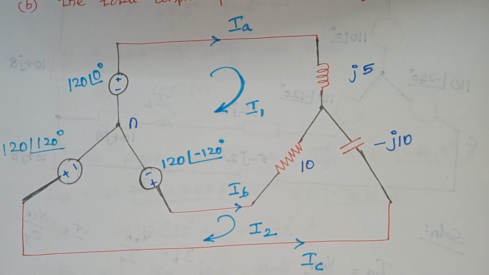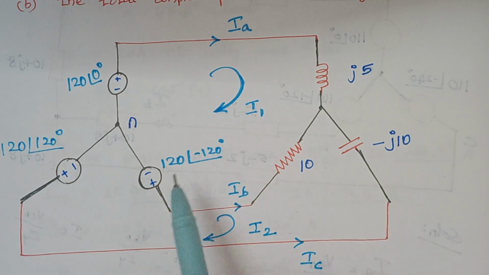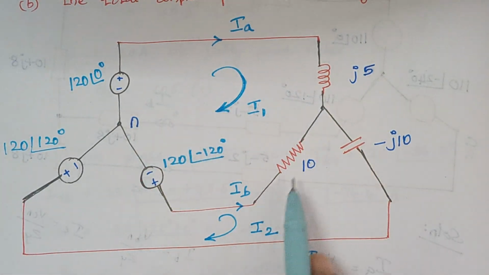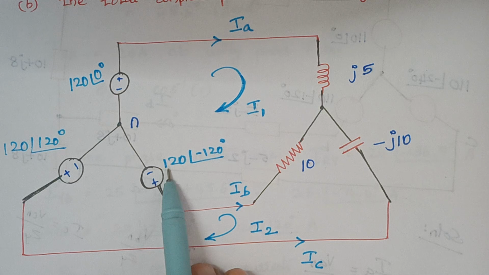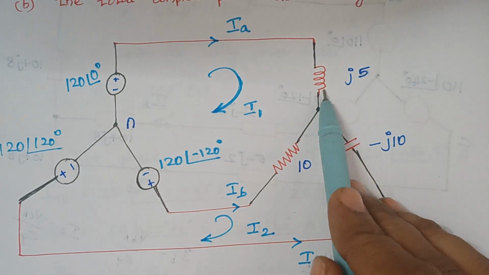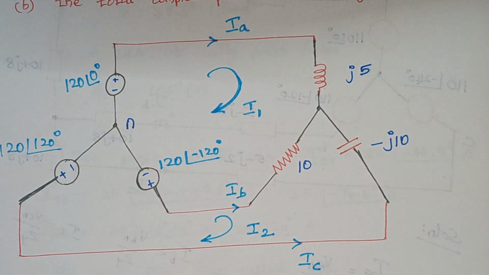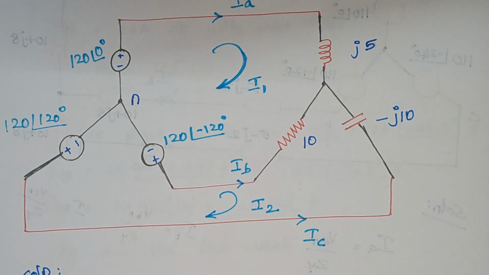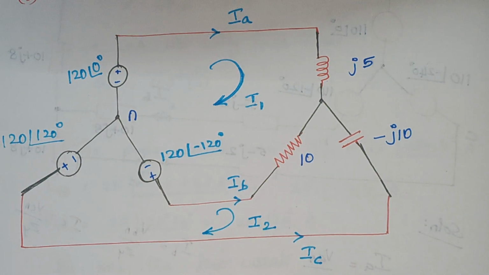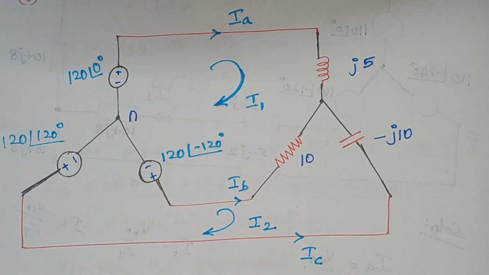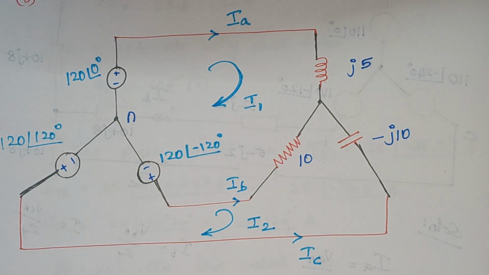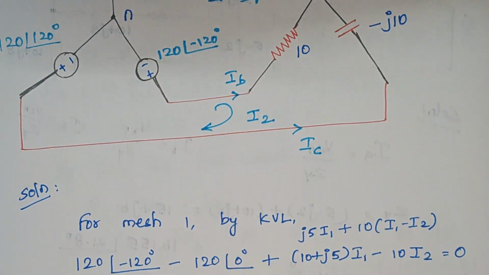So now we are going to frame expressions by using Kirchhoff's voltage law. So here in this case, consider loop 1, right? Loop 1 includes these two sources and one impedance and one resistance, right? So here when you consider mesh 1, just look at this expression.